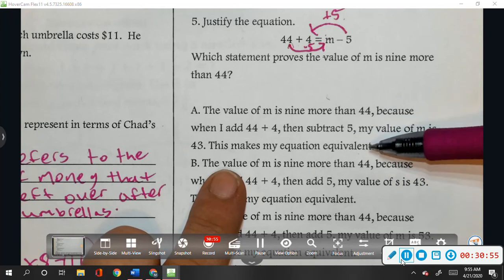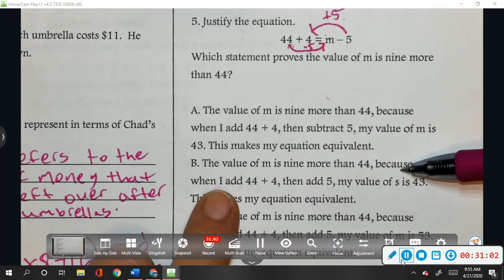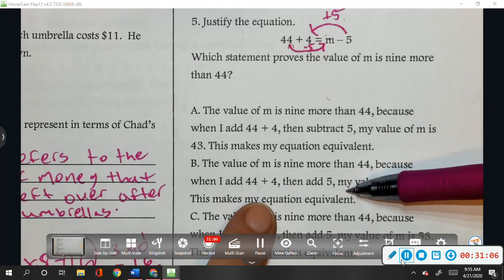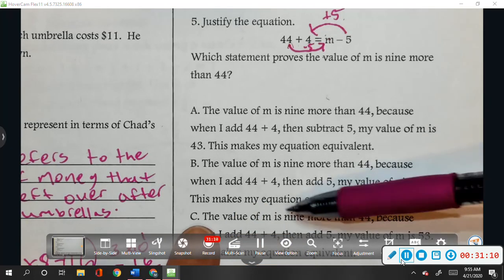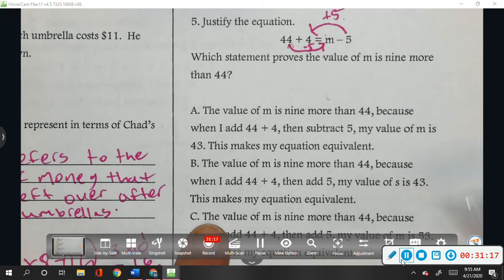Well, that's not true because that's not what we get. B says the value of m is 9 more than 44 because when I add 44 plus 4 and then add 5, my value of s is 43. This makes my equation equivalent. Well, that's not true because we're not talking about s, we're talking about m.